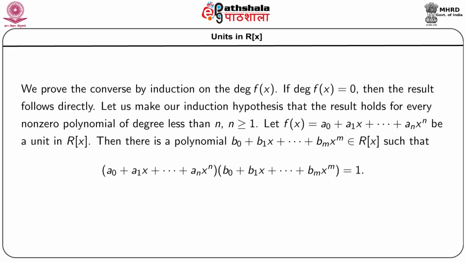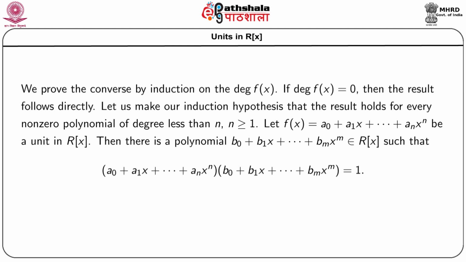we will use the principle of induction on the degree of f(x). If the degree of f(x) equals 0, then f(x) is nothing but the constant polynomial, and we have already assumed that the constant term is a unit, so f(x) is a unit.